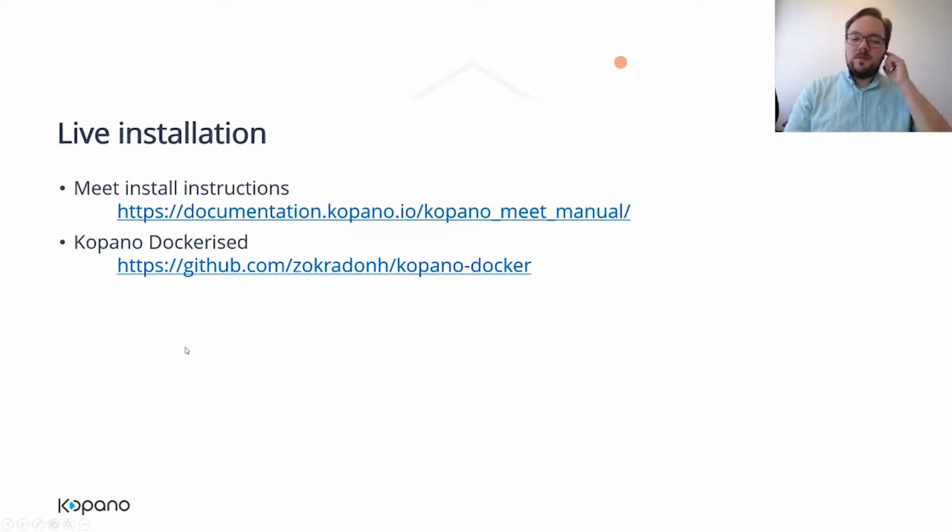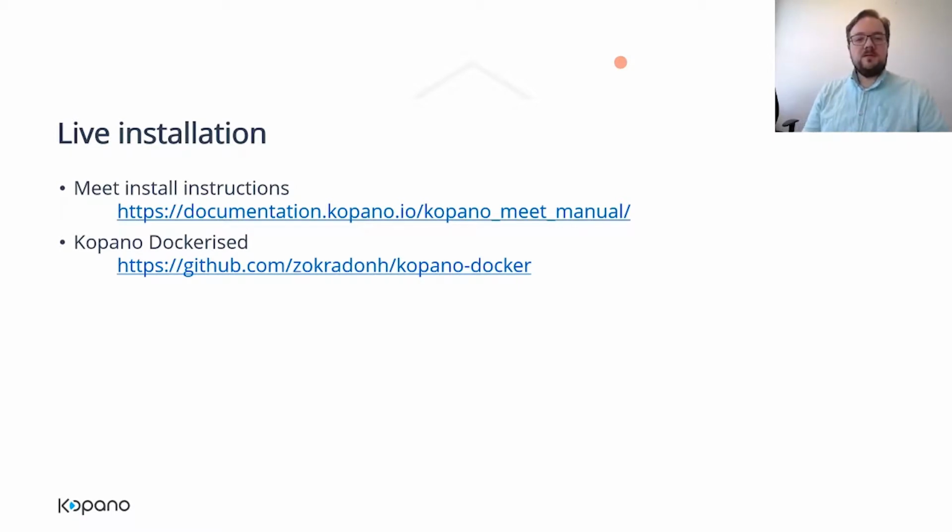And what you can also use, we had a webinar and also a small blog series about Docker. So there's also this Kopano-Docker project that already brings Kopano Meet with it, and also a Meet that is configured for guest users out of the box.